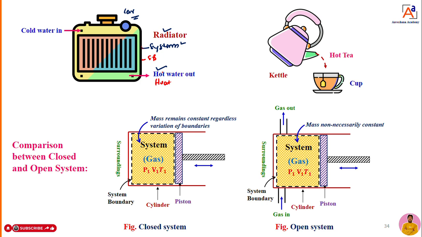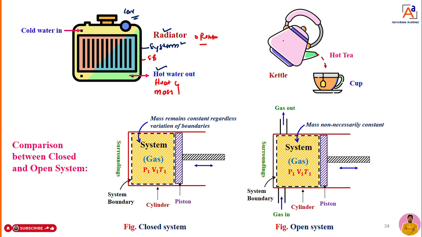Also, when water is coming out, definitely a certain amount of mass is also transferring across the system boundary. Then that is nothing but an open system. Hence, in the radiator, when the hot water comes out, heat energy as well as mass transfer takes place, so that radiator we can call an open system. This is also one engineering example we can consider.